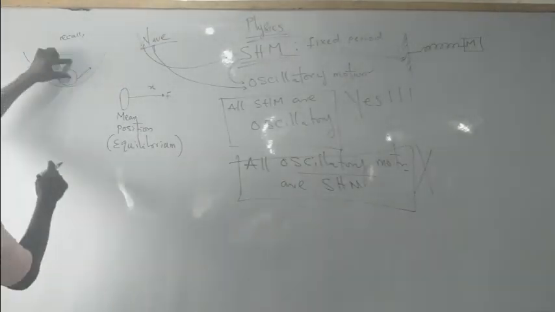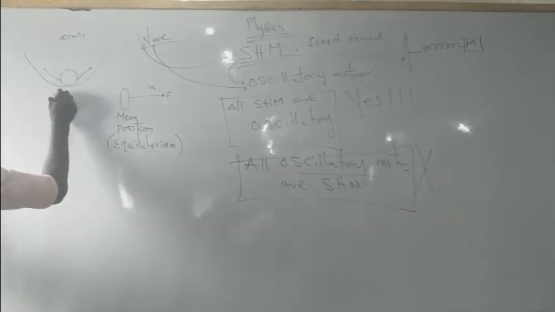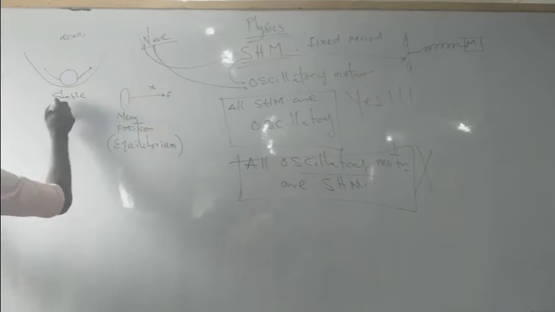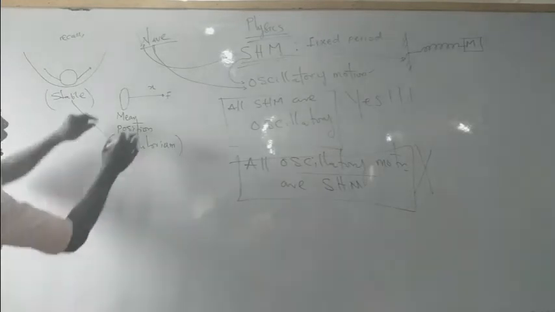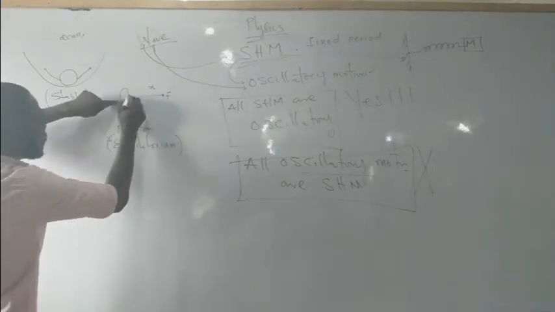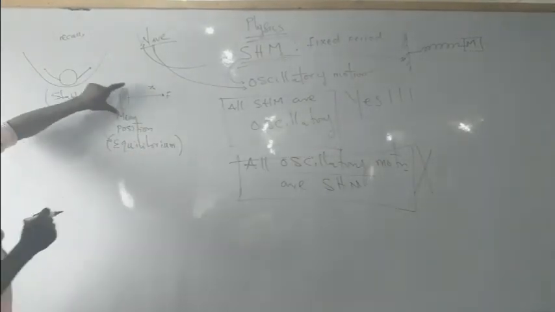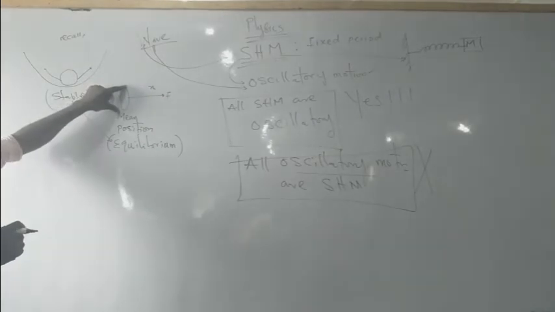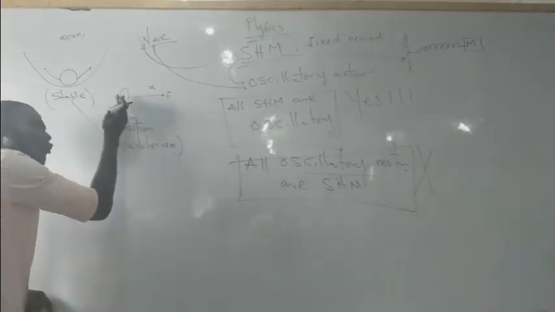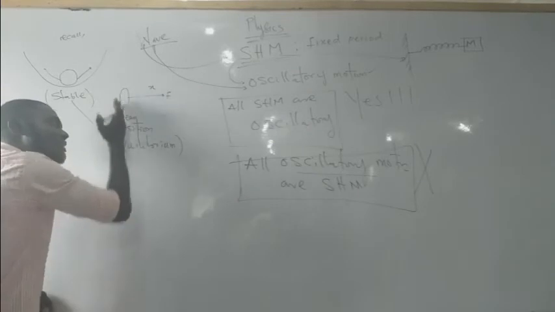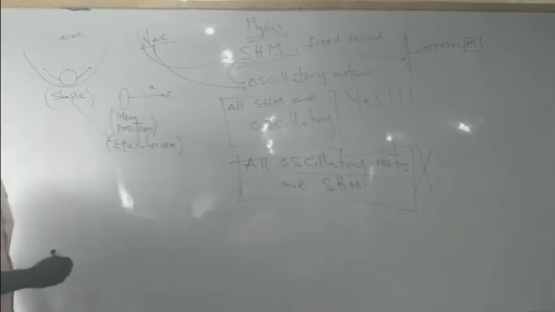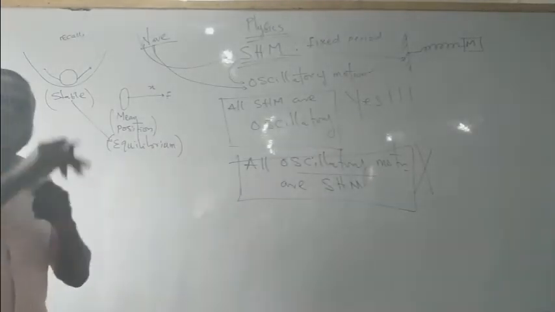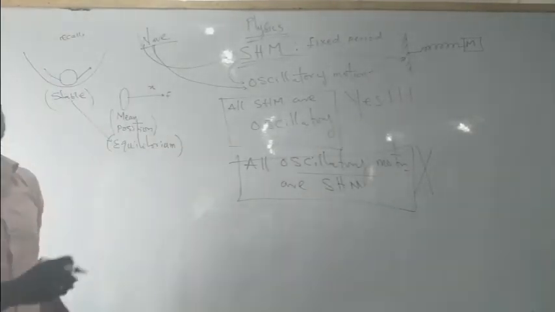So what type of equilibrium is this? This is stable equilibrium. So at this point, when force is applied to this spring, it will always come back to its equilibrium position, that is the mean position, with the help of restoring force or conservative force.